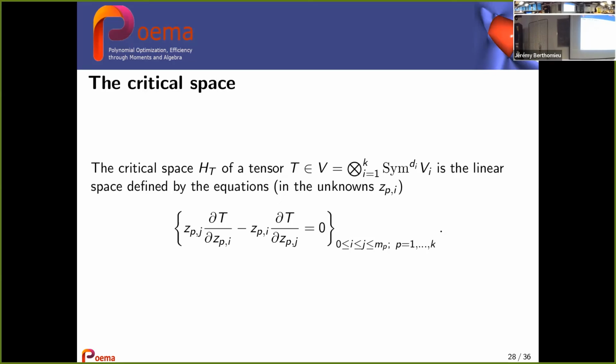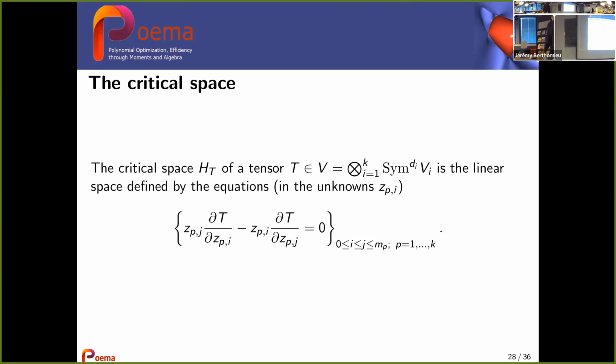When you say for general tensor, they are determined... General means, in fact, it's not true in general, but it's true for tensors except some hypersurface.